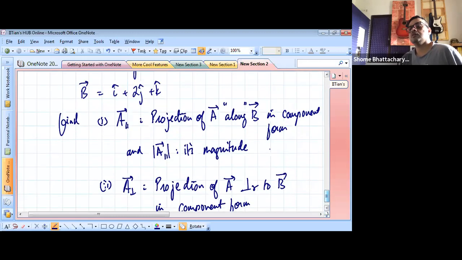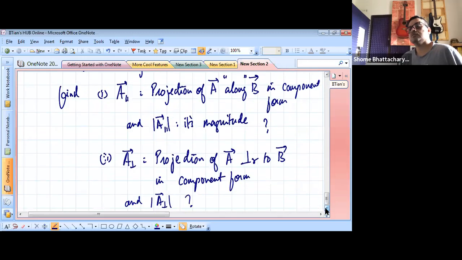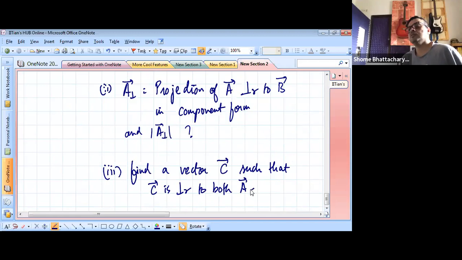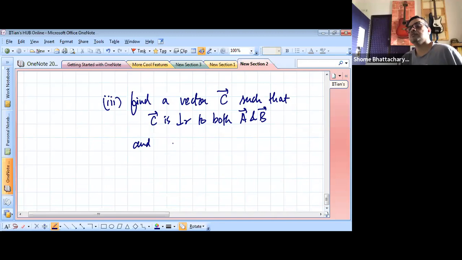And third thing we want to find out here, find a vector C such that C is perpendicular to both E and B, and magnitude of C is equal to 3 units.